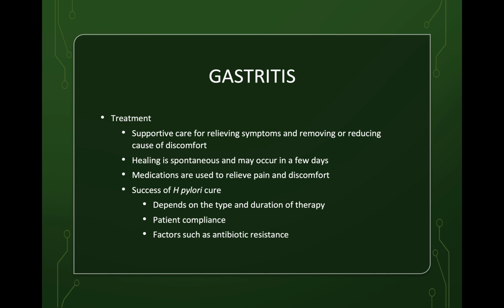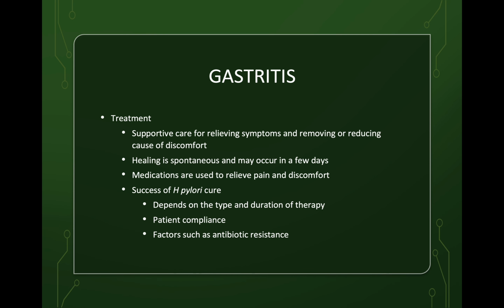There are some medications that a patient might be prescribed that can help relieve the pain and discomfort associated with that irritated stomach lining and the constant exposure to gastric acids. One class of those medications is called proton pump inhibitors. You might hear them abbreviated PPIs. These are medications like pantoprazole, that's Protonix, or I think lansoprazole might be Prevacid.